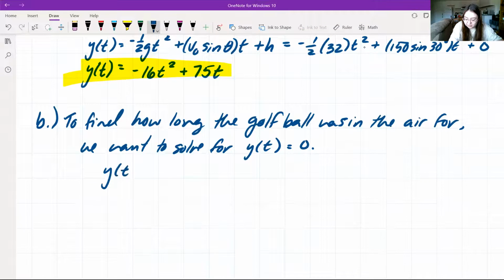We know that y of t is equal to negative 16 t squared plus 75 t, and now we're setting this equation equal to 0.